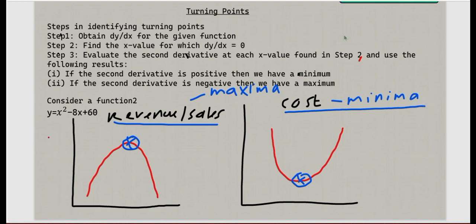That means all revenue functions should be maximum curves. Why? Because they have a maximum point. But all cost curves should have a minimum point. Meaning you want to minimize the cost and you want to maximize the revenue.